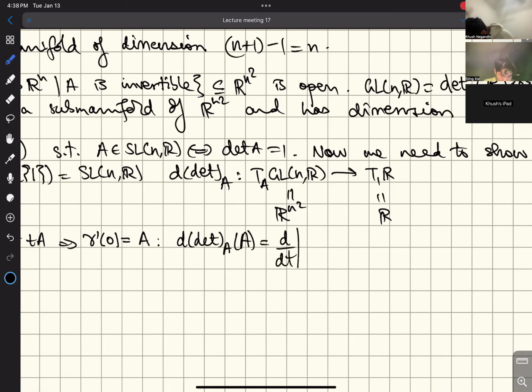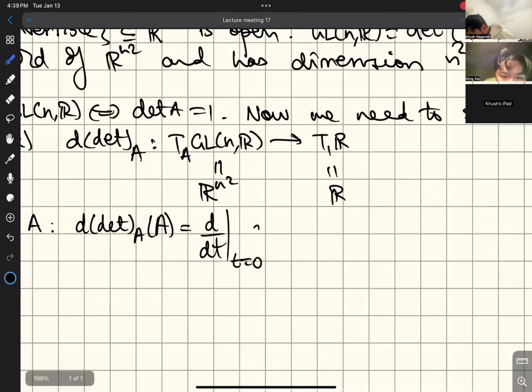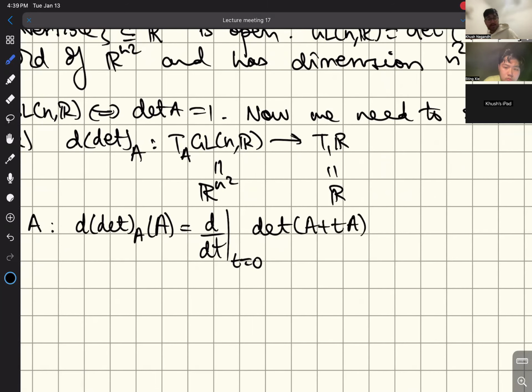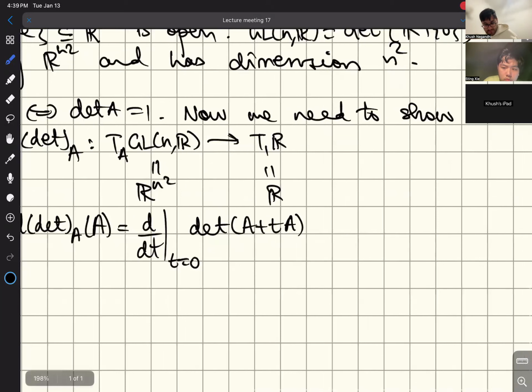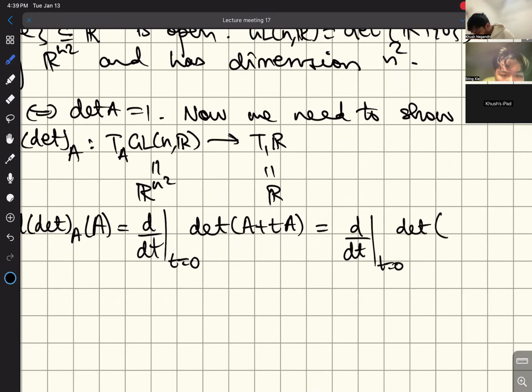This is just the definition of the derivative functional. It's very simple to compute: this is the determinant of A plus tA.